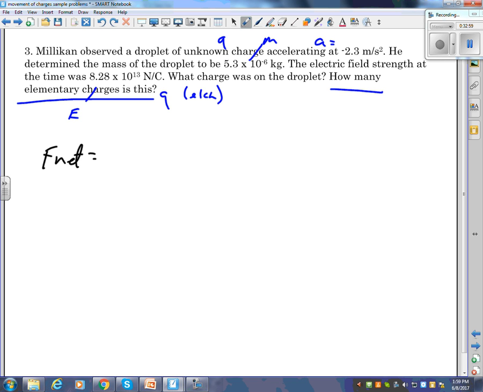The mass is 5.3 times 10 to the minus 6. Now, does the fact that the acceleration is negative matter? Yes, it matters. Because if it's negative, that means that the net force is negative, and it's in the direction down, right?